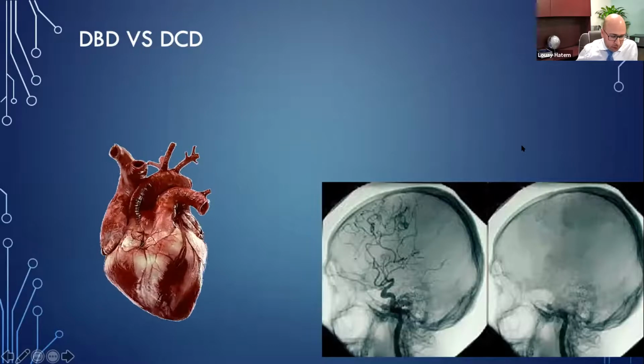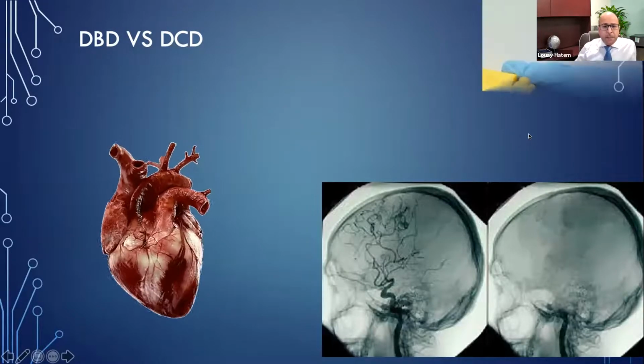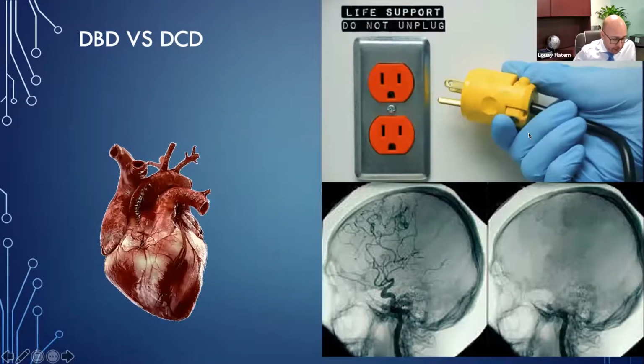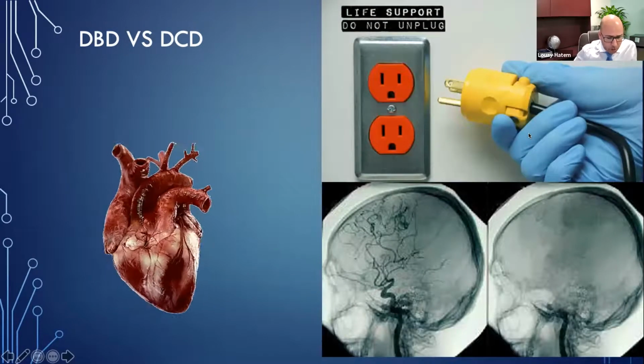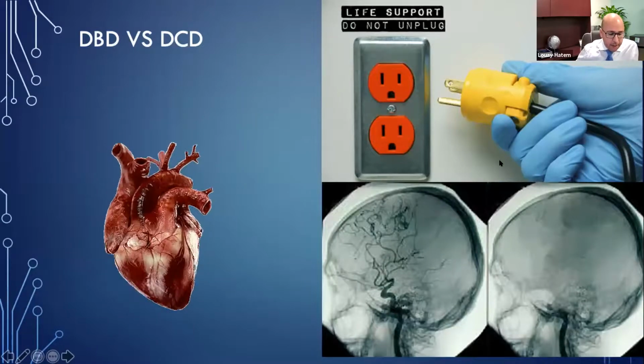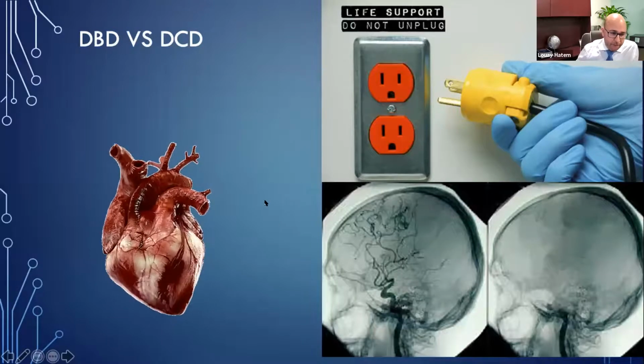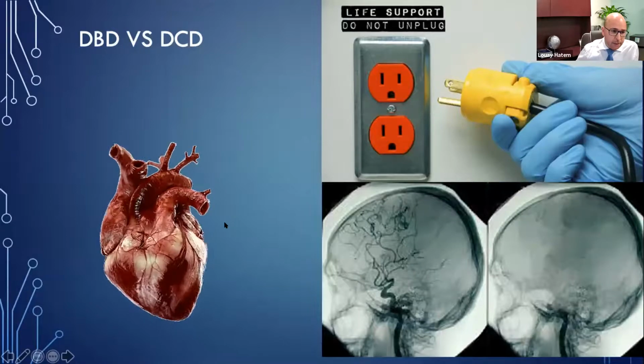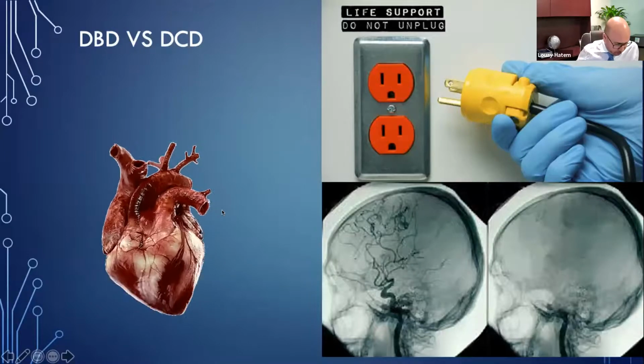This is in contrast with a DCD, where donation happens after a family decides to withdraw life support. After that, the discussion of donation and the consent will be taken from the family, and the pronouncement of death will happen in the OR.